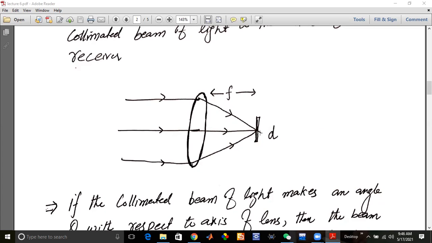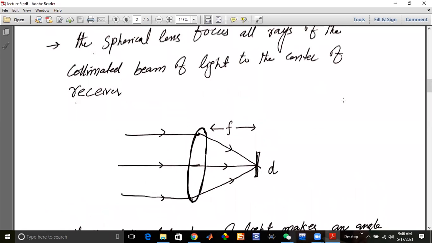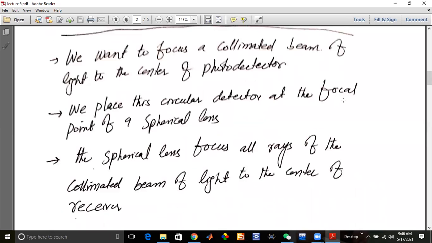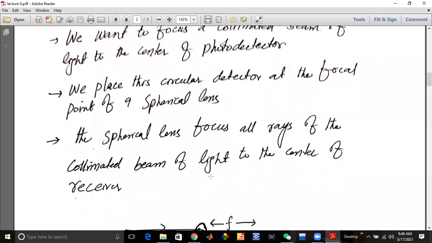The distance between this point and the surface of the spherical lens is called the focal length. It means that we want to focus the collimated beam to the center of the photodetector, so we place this circular detector at the focal point of a spherical lens. The spherical lens focuses all the rays of the collimated beam to the center of the receiver.